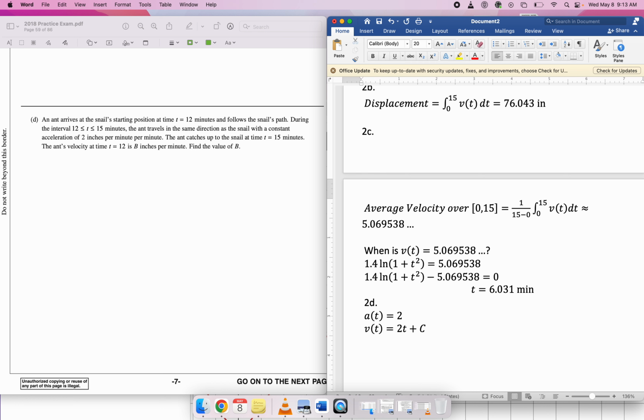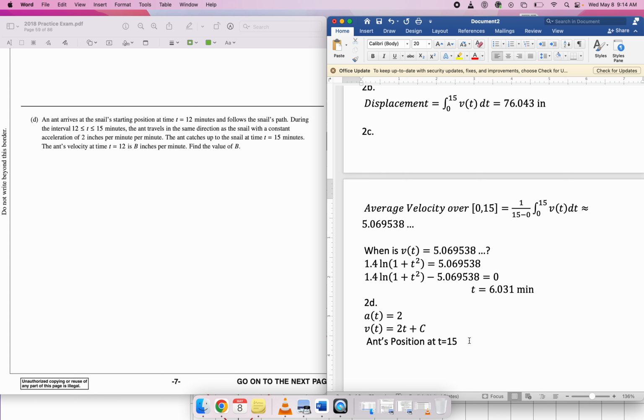Now, I know that the ant's position has to be the same at t equals 15 as the snail's position at t equals 15. So the ant's position at t equals 15 would be its starting position, which is the same as the snail's position, plus the integral of its velocity function.